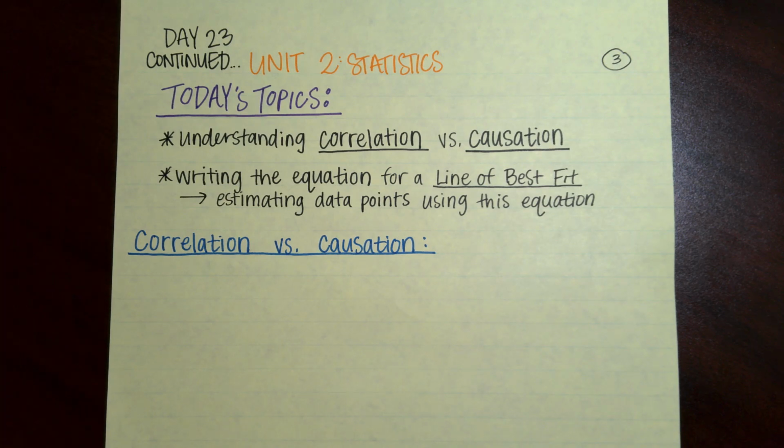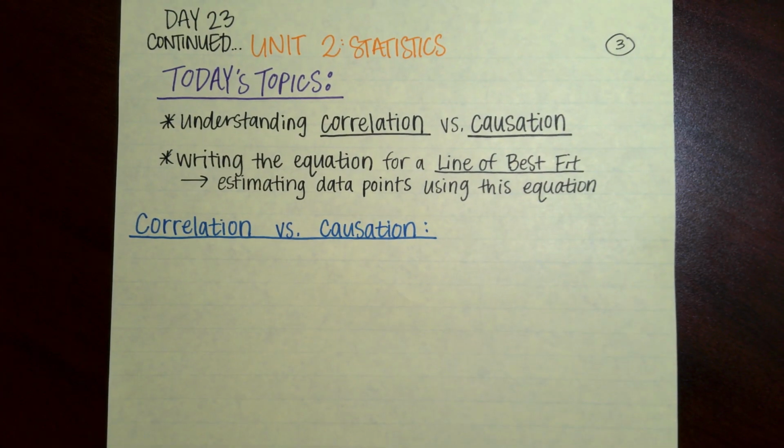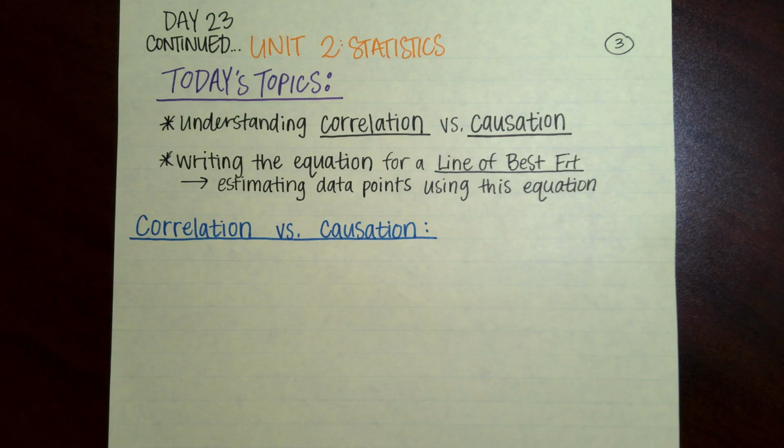Once we've talked about those topics and understood the difference, we're going to actually use what we did last unit, and we're going to learn how to write that equation for the line of best fit we found. And we can use that equation to predict data that we don't have. We're going to use it to write predictions. All right. So let's first talk about correlation versus causation. So I'm going to start with correlation.